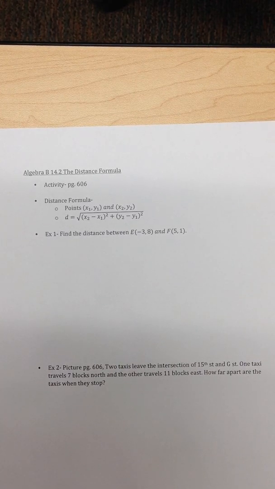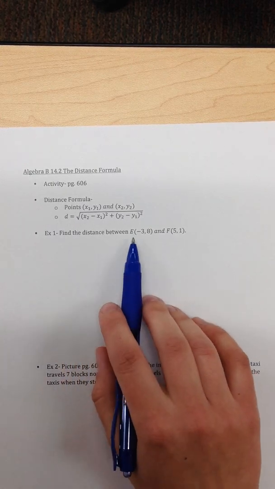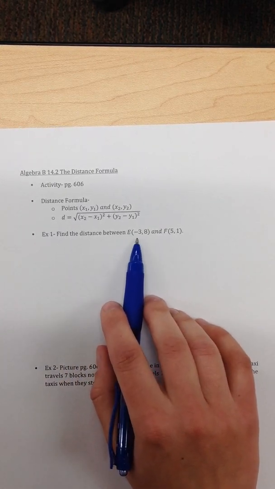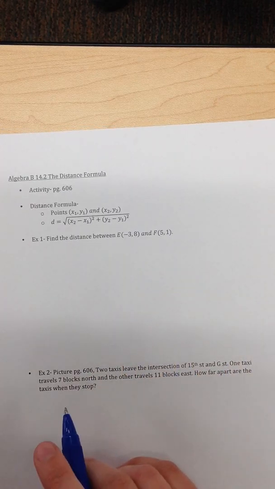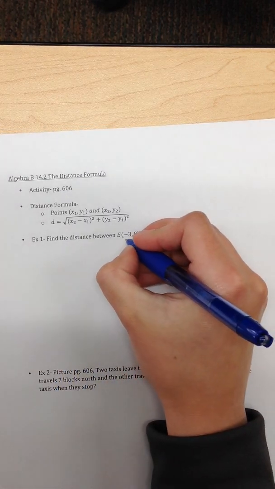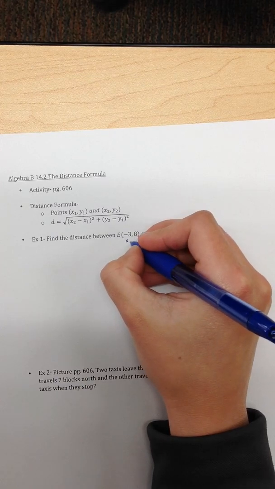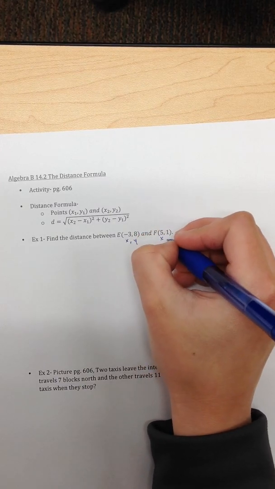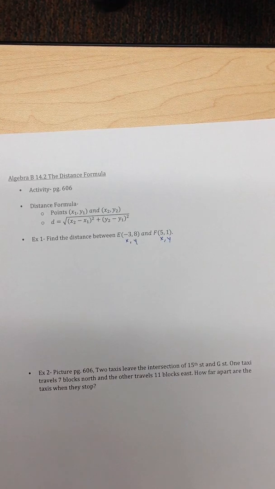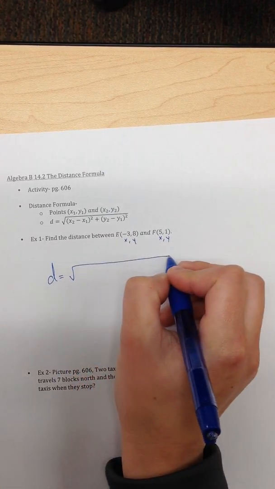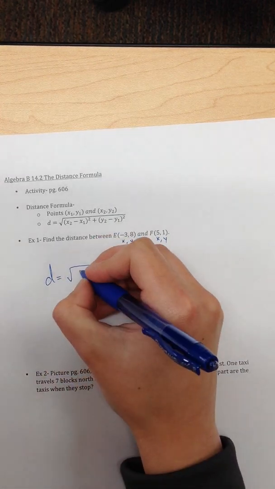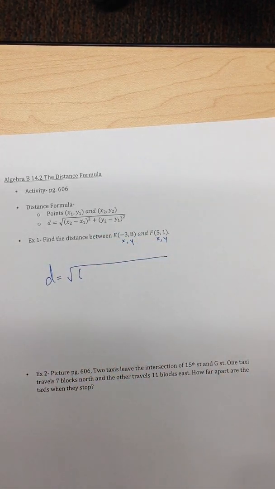Okay, so let's try this here. Our 2 points are E and F. E is at -3, 8. F is at 5, 1. If we use that formula, let's go x and y, x and y. My distance is equal to the square root of, and then I take my 2 x points and subtract them.